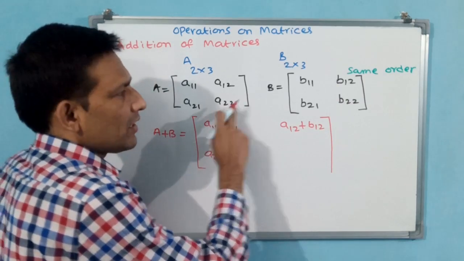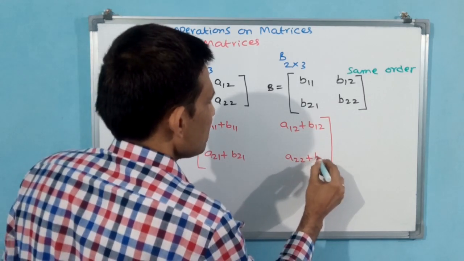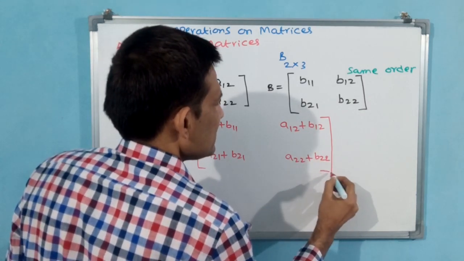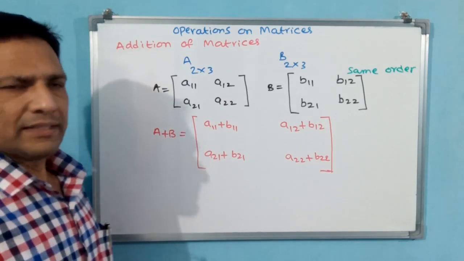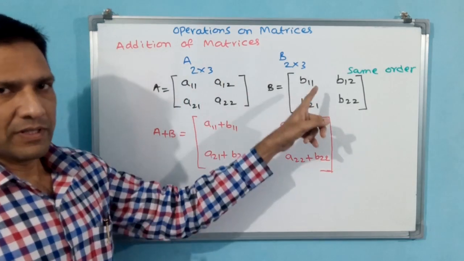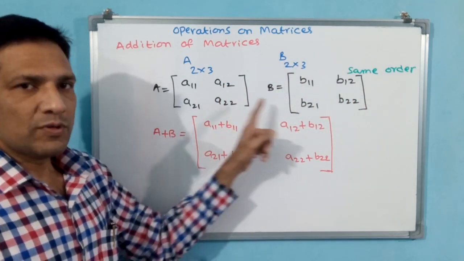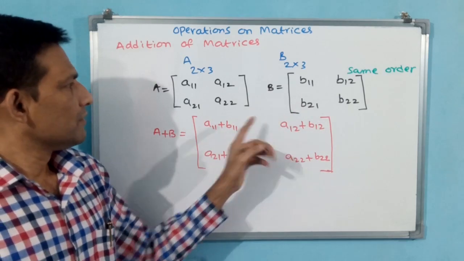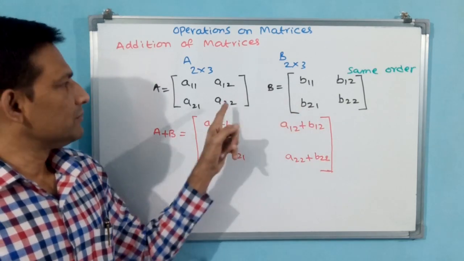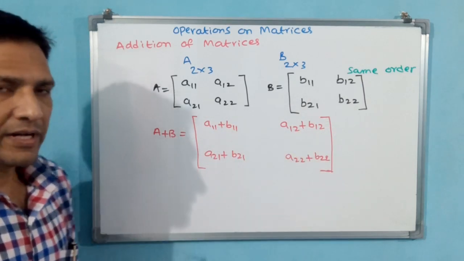Second row second column plus second row second column: A22 plus B22. Like this you have to add.